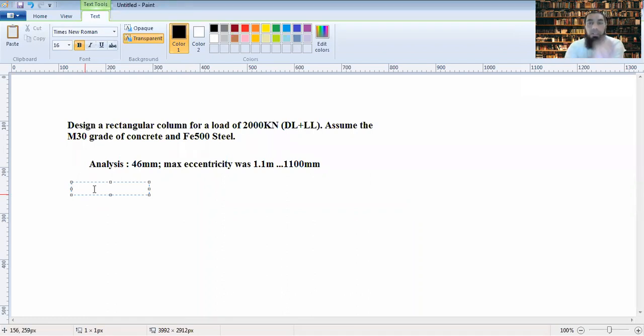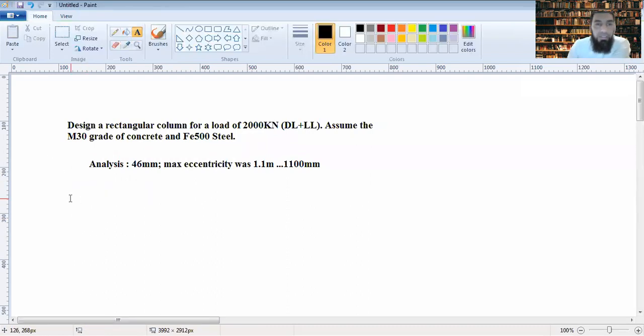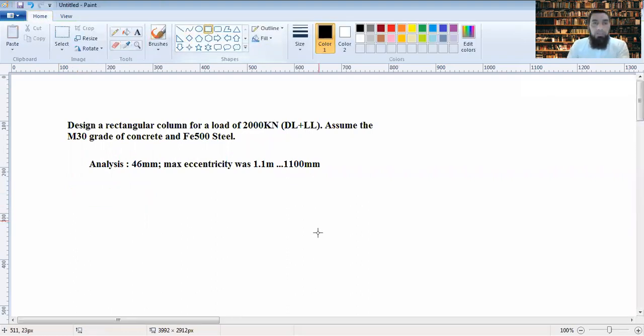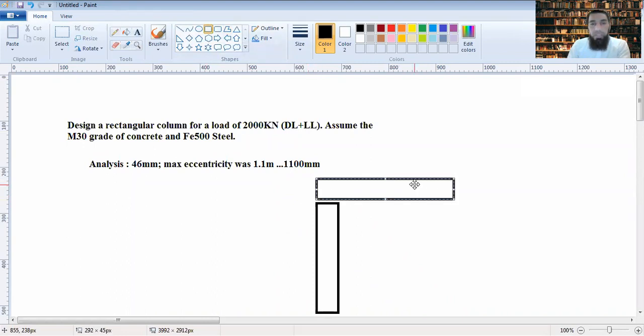Now, what is important during design is that you need to know the amount of moment on the column for the eccentric loading. Without moment, you cannot go for eccentric. We have analyzed the maximum eccentricity for which this column can be designed.